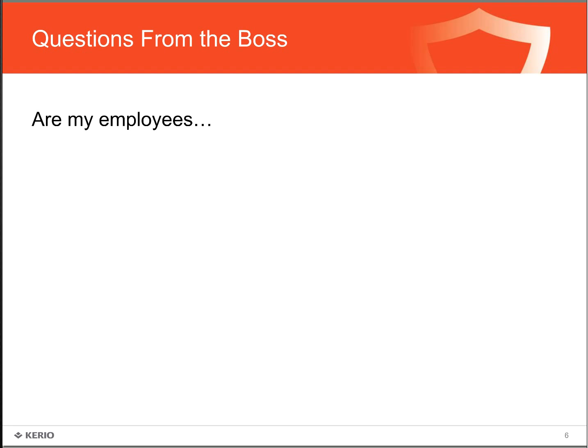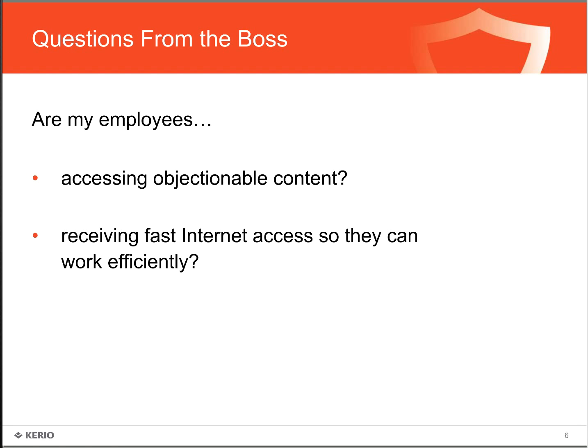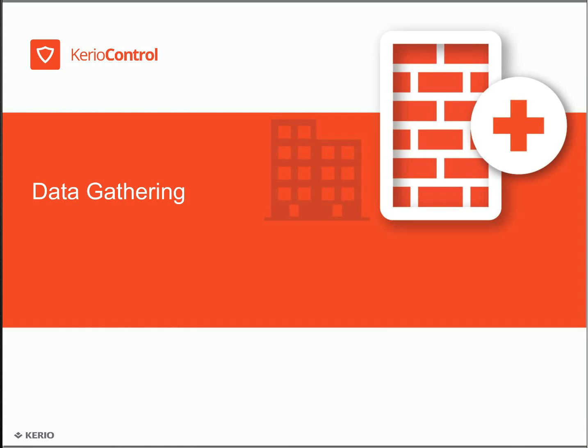According to these things you have seen in the slide before, there will be questions like, are my employees accessing objectionable content? Do they receive fast internet access so they can work efficiently? And basically, which is the most important, are they doing their job? So how can we measure, or how can we see if people are doing their jobs, or to say it more generally, what is happening in our network?